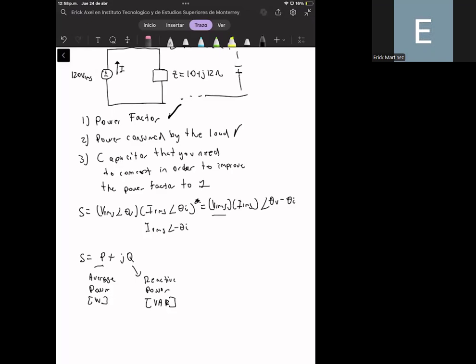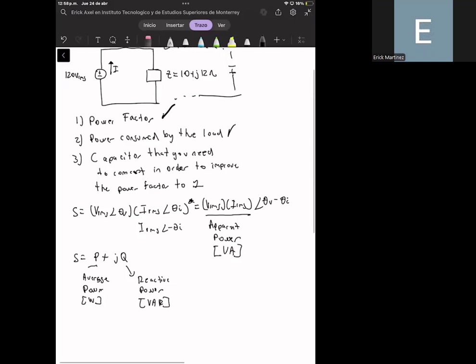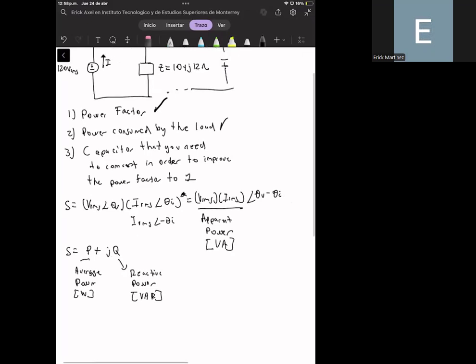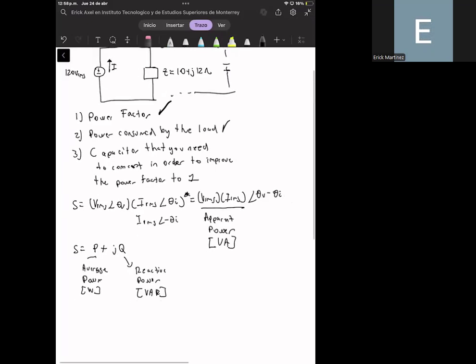Also, this value, the multiplication between the RMS voltage and the RMS current, is the apparent power. Okay, so this is the average power, this is the reactive power, and this is the apparent power that has units of volt ampere. Okay, and what else? Well, this is like the complex power.